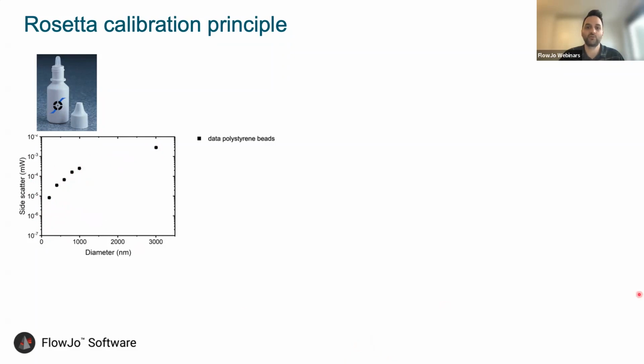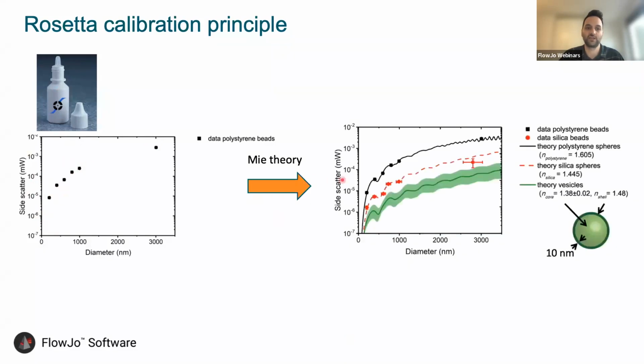And then the software will calculate and connect those data points, as we said before, through the Mie theory, and draw those lines for the polystyrene beads.